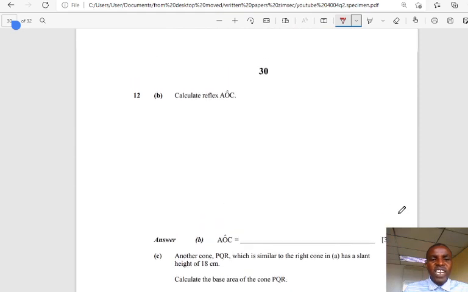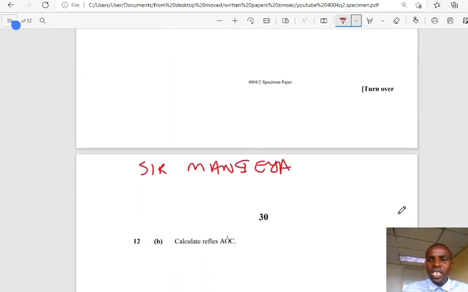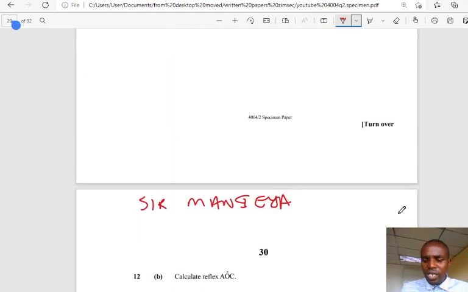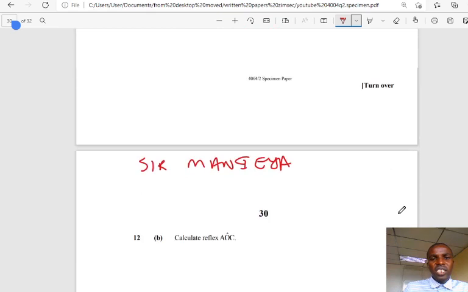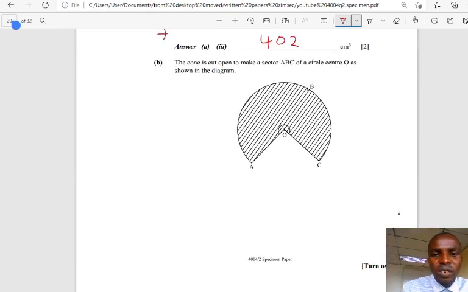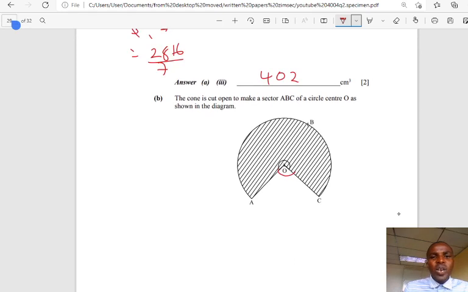It's saying calculate reflex AOC. Reflex AOC is this one. Let me go up. The cone is cut open to make the sector ABC of a circle center O, as shown in the diagram.